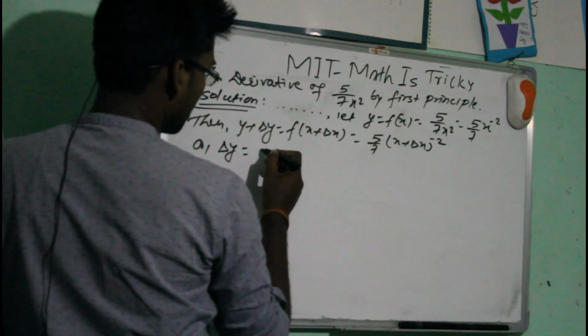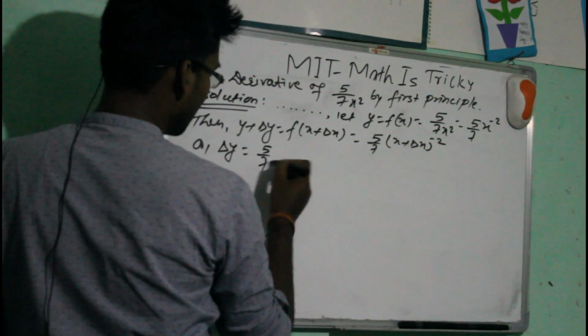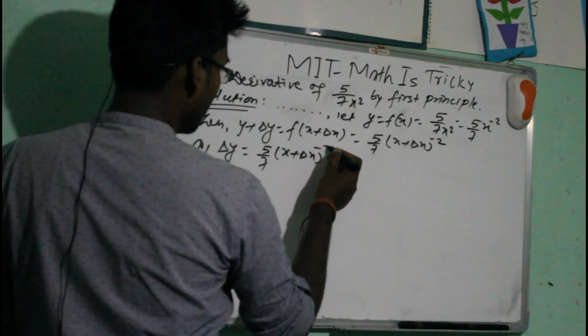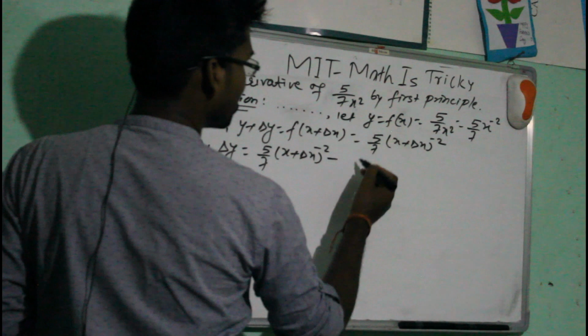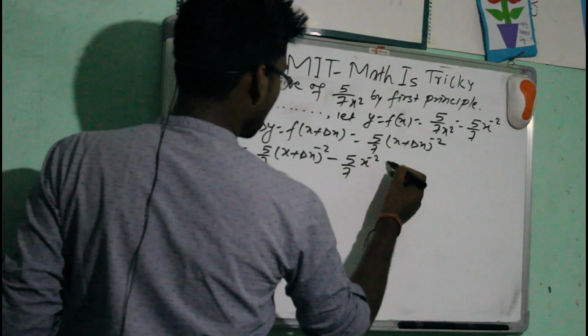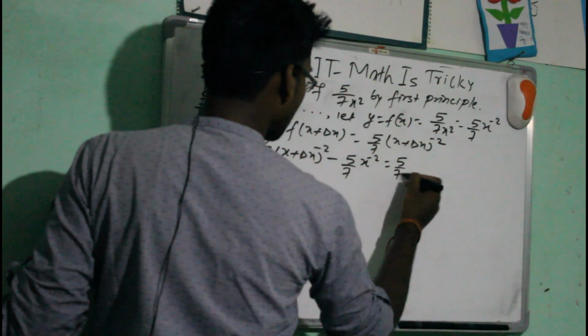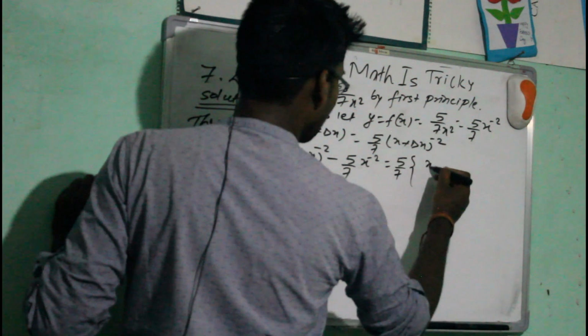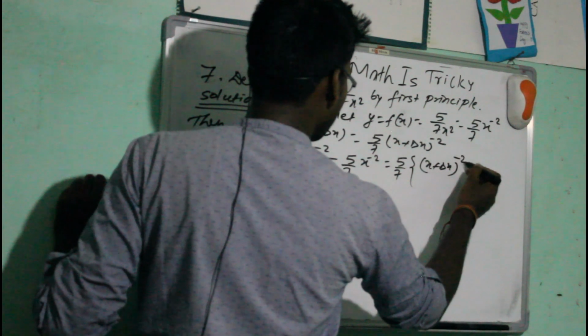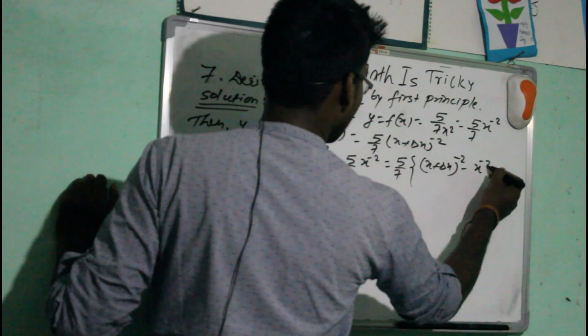It is simply 5 by 7 times (x plus delta x) to the power minus 2 minus y, meaning 5 by 7 x to the power minus 2. Here we can take 5 by 7 as common, then (x plus delta x) to the power minus 2 minus x to the power minus 2.